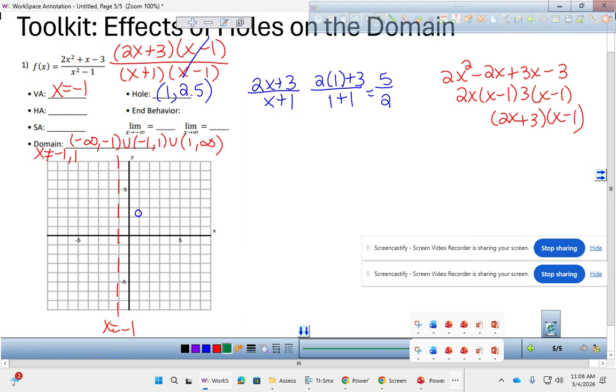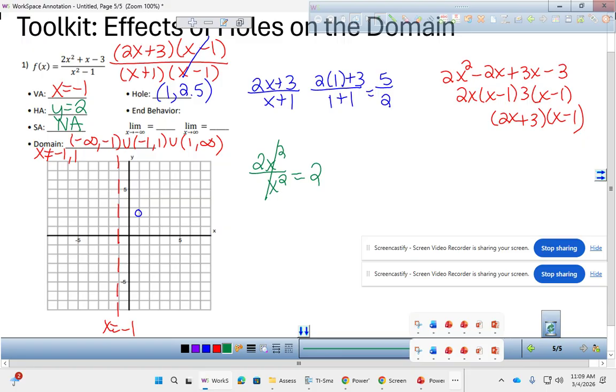Horizontal asymptotes, I'm still taking those powers. So 2x squared over x squared. So my horizontal asymptote is y equals 2. And if I have a horizontal asymptote, then I don't have a slant.